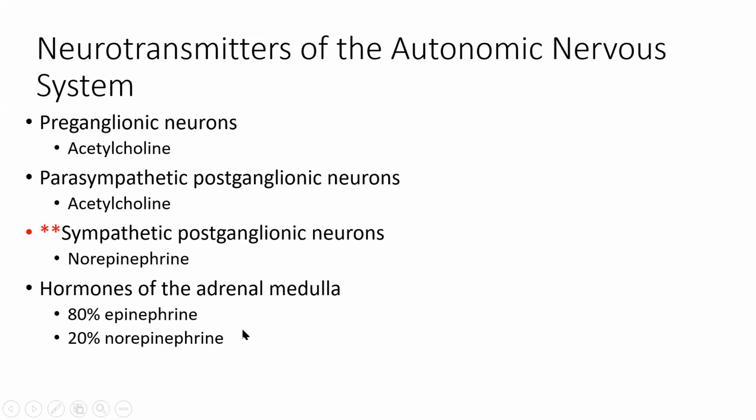And then lastly, we've got hormones, which are coming from the adrenal medulla. 80% of that is going to be epinephrine, 20% is going to be norepinephrine. But in our distant vasculature, we have the ability to convert epinephrine to norepinephrine. And this is going to be able to bind to the adrenergic receptors that I described as well.